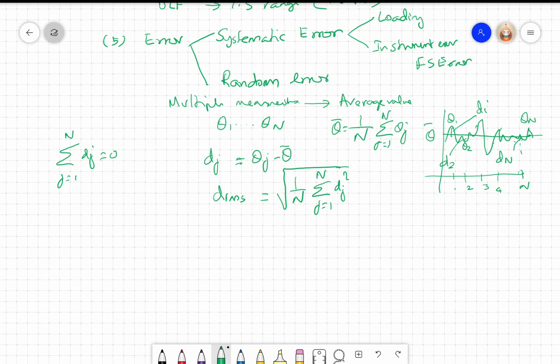But the RMS value, as electrical engineers, of course, we do understand an AC quantity like this when I represent it. But if you look at the correct mathematics, this is not correct, because if I have n deviations, there are only n minus 1 independent values.